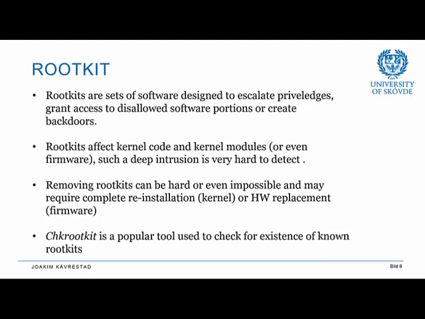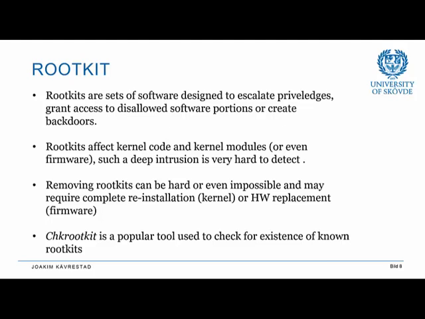And usually rootkits affect kernel code and kernel modules, or even the firmware, and this is a very, very deep intrusion and is also very hard to detect, because if you have access to kernel code as an attacker, you have a lot of powers that enable you to hide, making it very hard to find and remove the rootkit. And as the next bullet says, removing the rootkit can be very hard or even impossible.